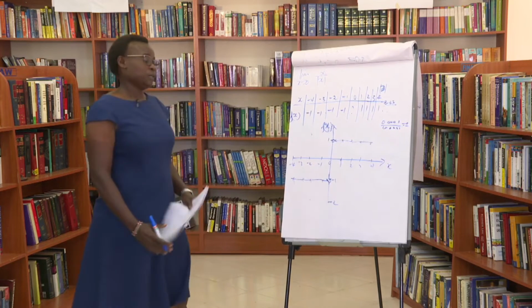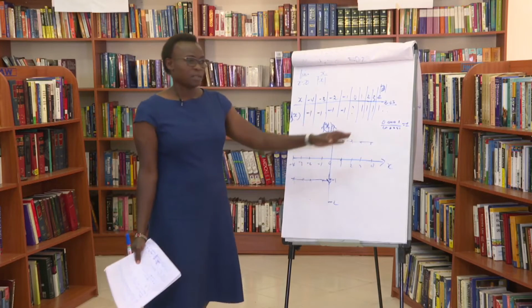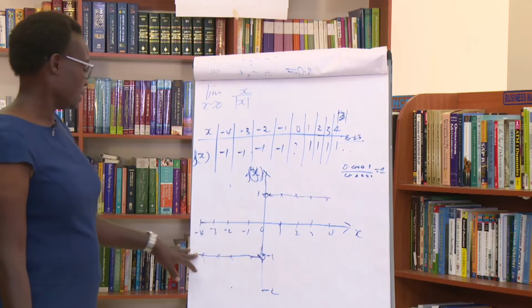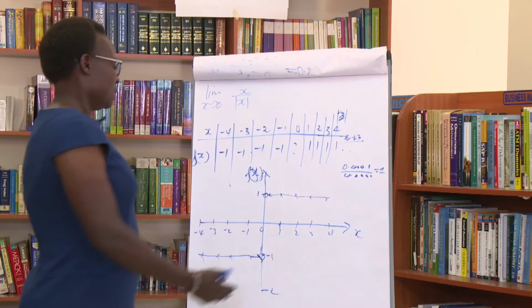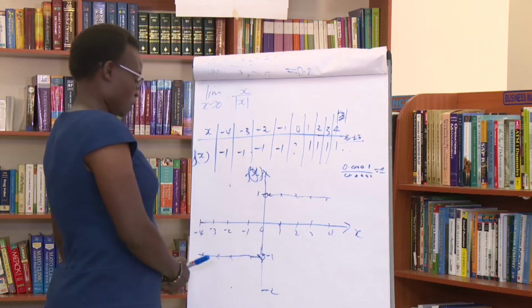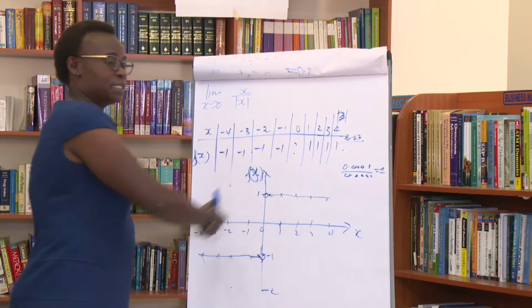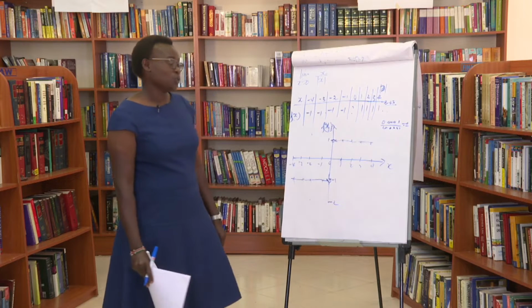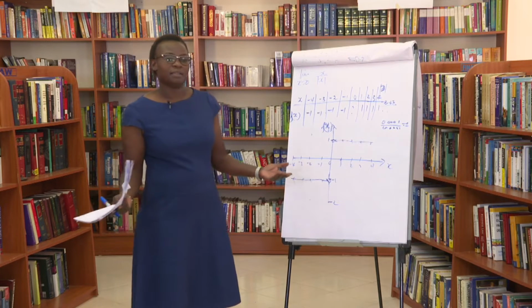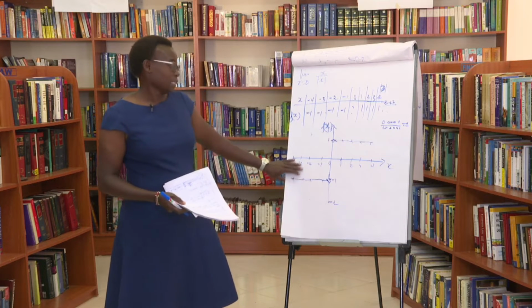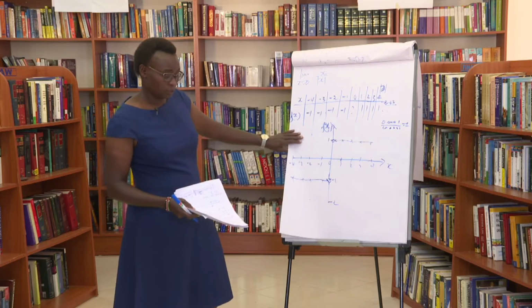What we see here is that the behavior from the right is totally different from the behavior from the left. From the right, f of x is tending towards 1, but from the left, f of x is tending towards -1. So the behavior from the right is different from the behavior from the left, and in that case the limit of this function does not exist.